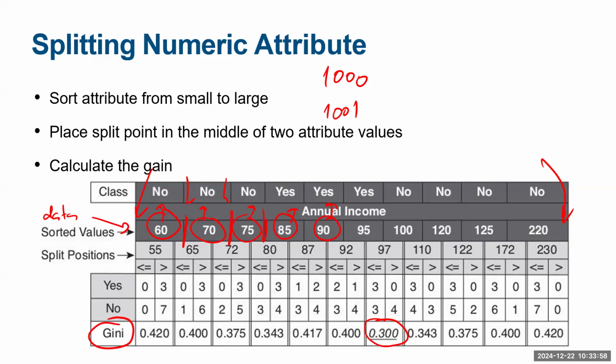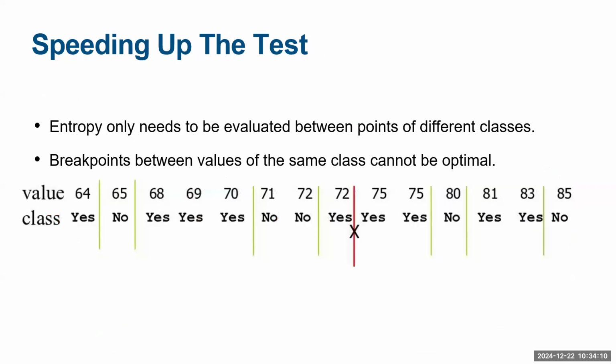How do you make it faster? The way that you make it faster is by looking at the split that happens between two different classes.